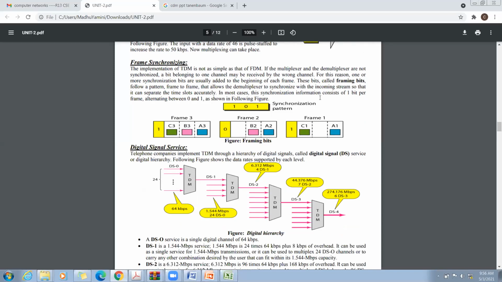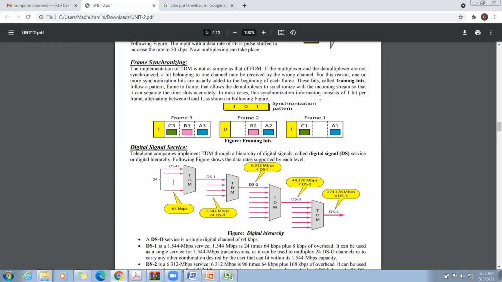For synchronization, we have used 2 switches in time division multiplexing. At the multiplexer side, we have used 1 switch in the anti-clockwise direction. At the demultiplexer side, we have used 1 switch in the clockwise direction. Both are rotating in different directions with the same speed.